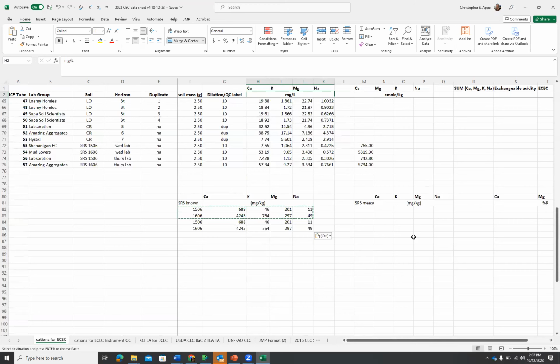So we got 7.65 milligrams of calcium per liter, and I want to convert that to milligrams of calcium per kilogram. So in order to go from a volume to a mass of soil, because this is kilograms of soil, what do we need?